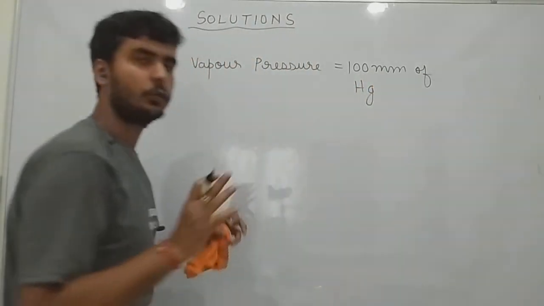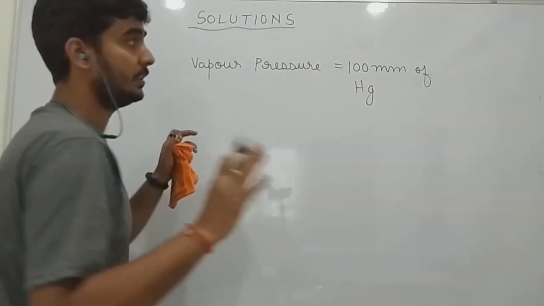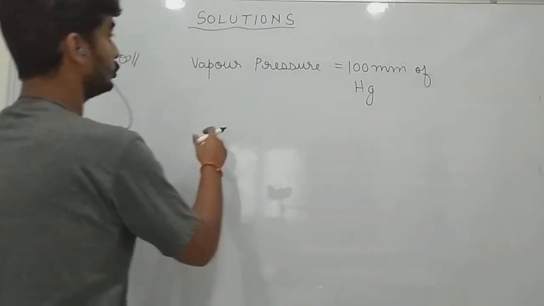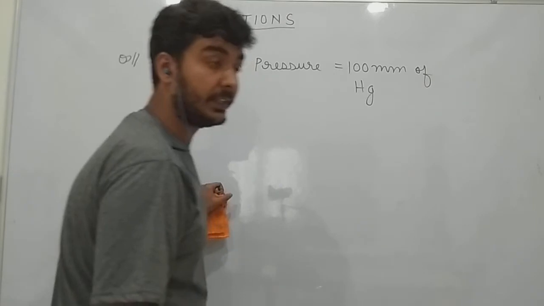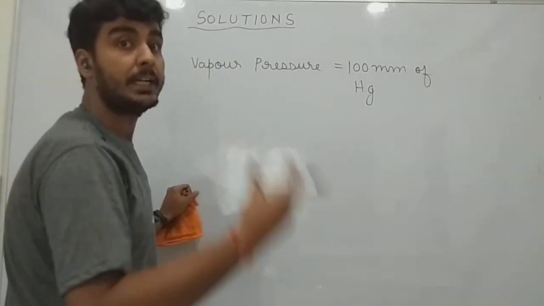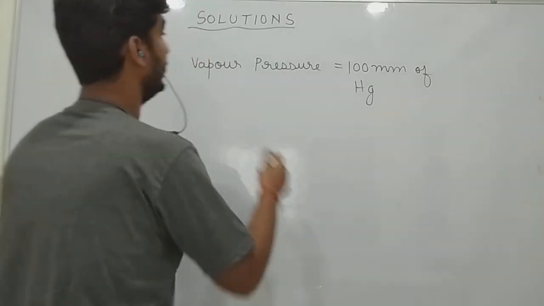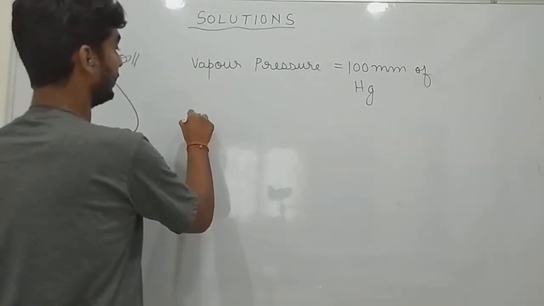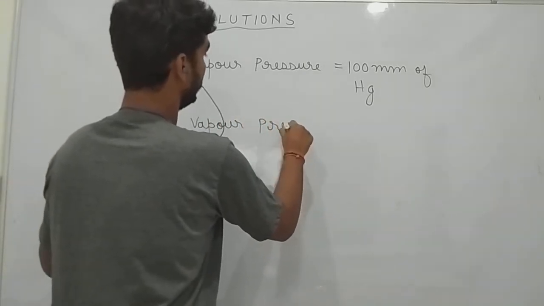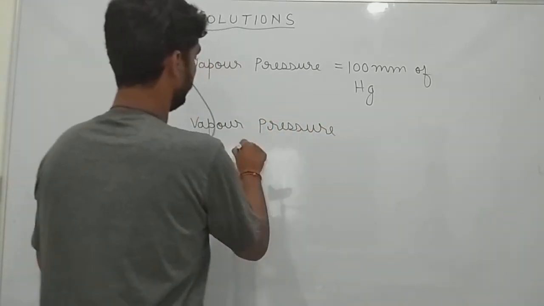You can assume anything, no problem. It's just an assumption. You may not know the actual value. So when urea is dissolved in it, its vapor pressure is decreased by 25%. So the final vapor pressure, or vapor pressure of solution, will be how much?